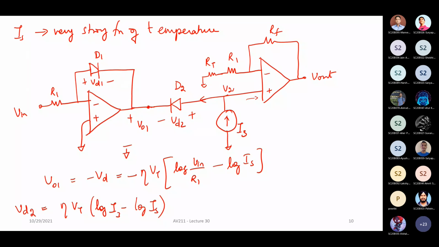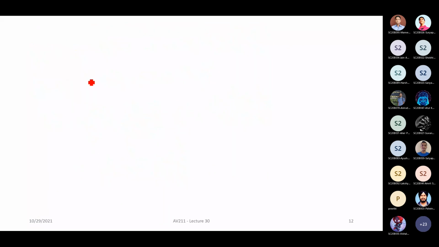In fact, you will see circuits where, instead of a diode in feedback, you will see something like this: you ground the BJT and you basically have something like this. So here, this is your VBE, right?